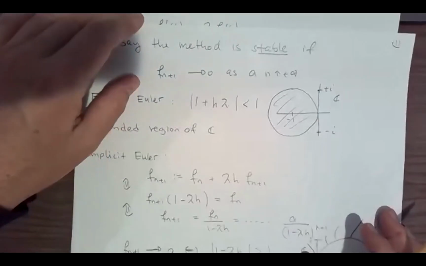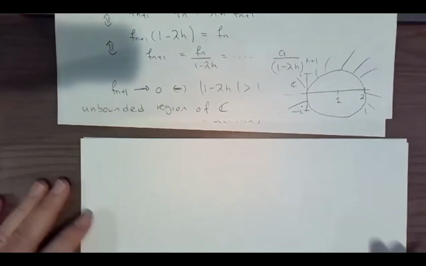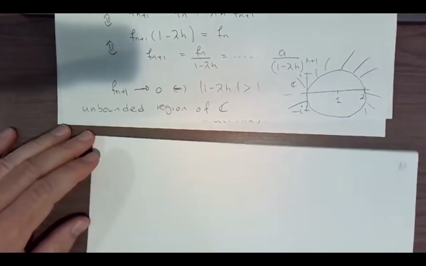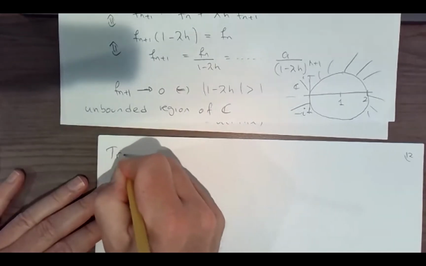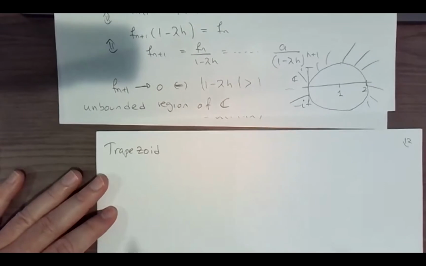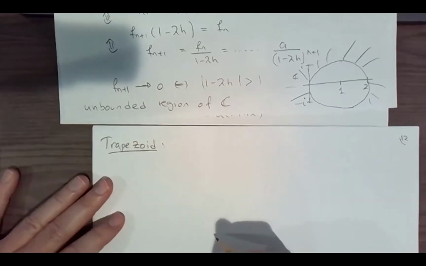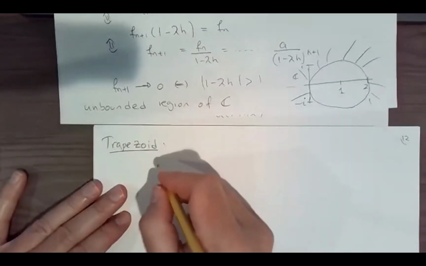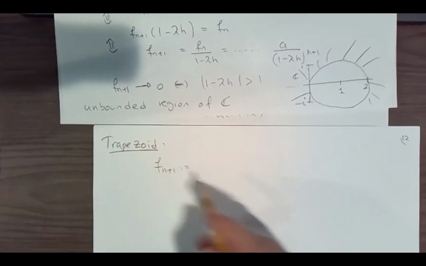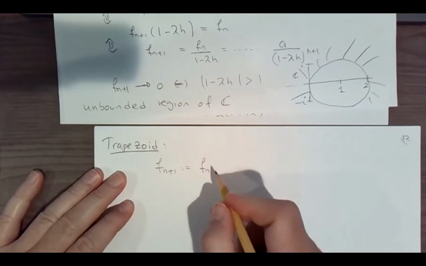And the third and last method that we talked about is the trapezoid method. So let's test out its region of convergence, the trapezoid. That was the one we started out with today. So let me just recall what the trapezoid method says. fn plus 1 is equal to, and it's this thing where you also have to solve to get fn plus 1.